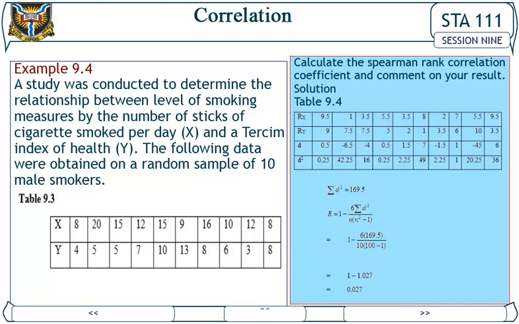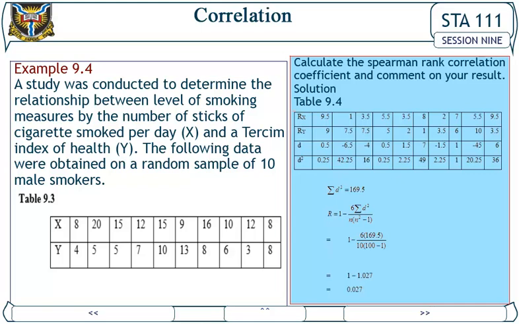Example 9.4. A study was conducted to determine the relationship between level of smoking, measured by the number of sticks of cigarettes smoked per day, X, and a testing index of health, Y. The following data were obtained on a random sample of 10 male smokers. Table 9.3.